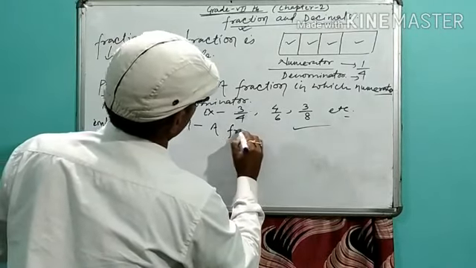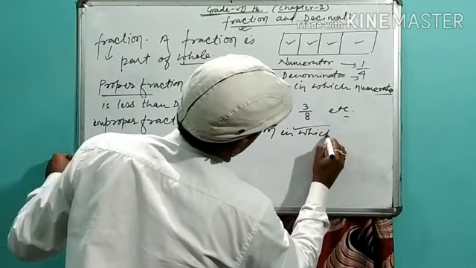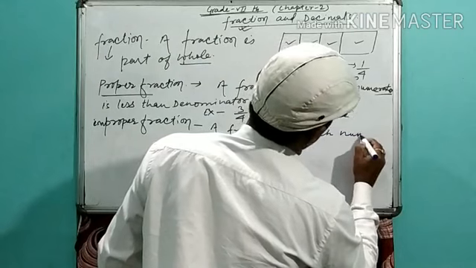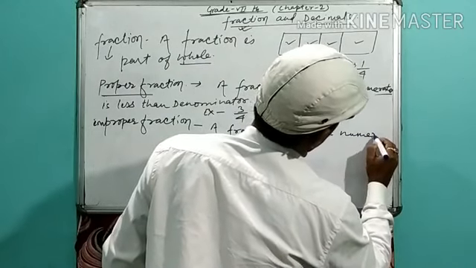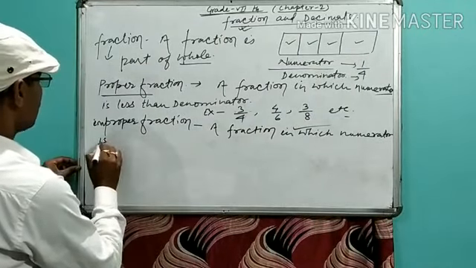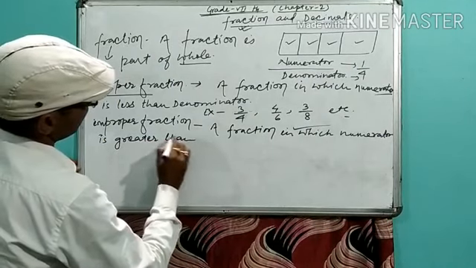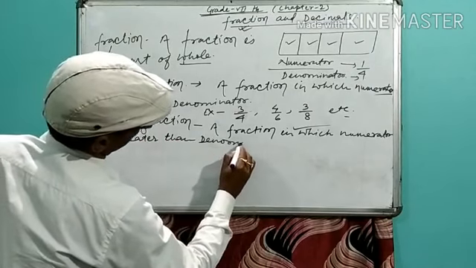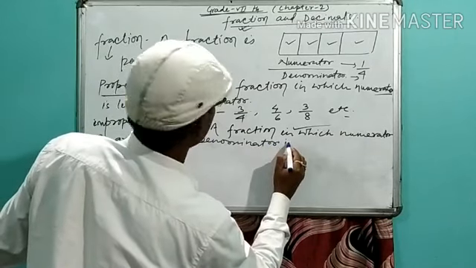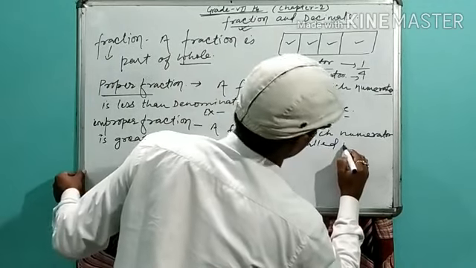A fraction in which the numerator is greater than the denominator is called an improper fraction.